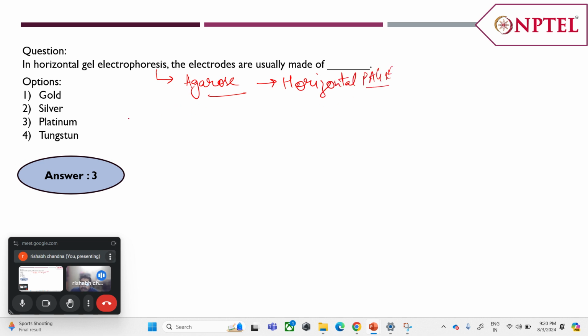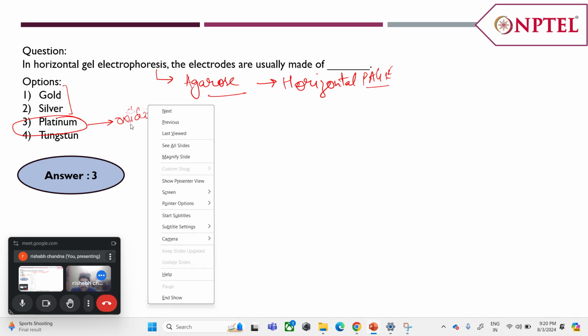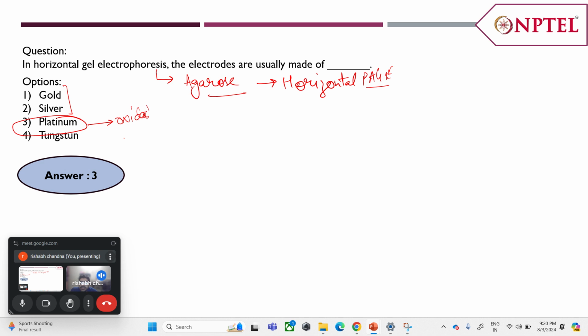Because this is routinely used, gold and silver are generally not used because they are too expensive. We generally use platinum because of the oxidation potential. So whenever we are running any gel, platinum is the most suited element for these particular electrodes.